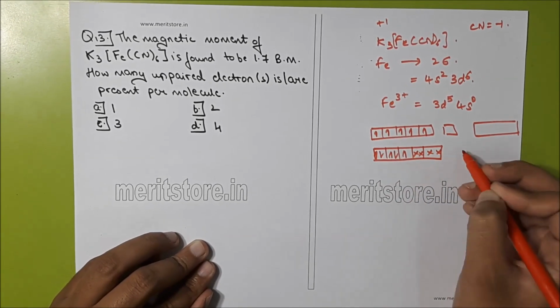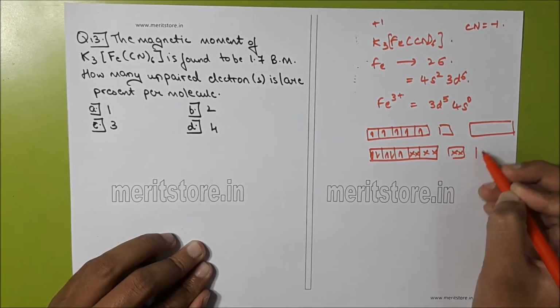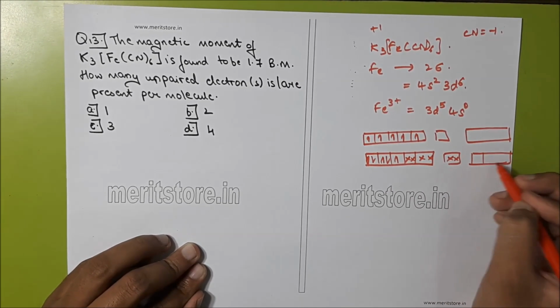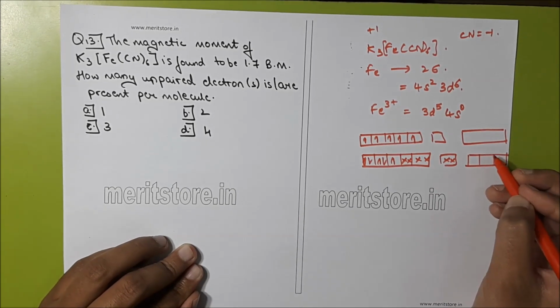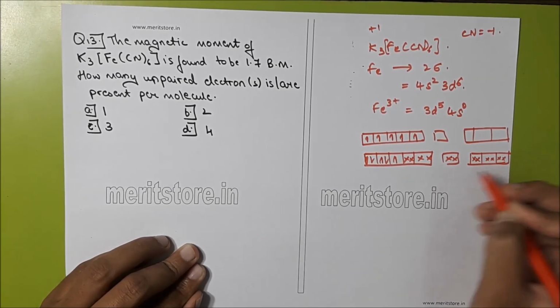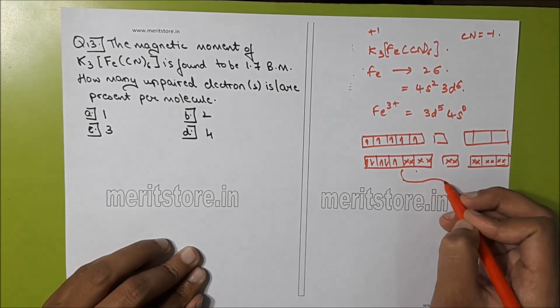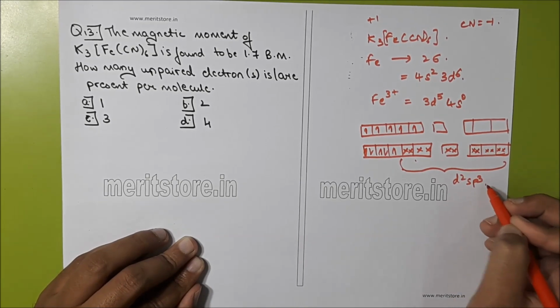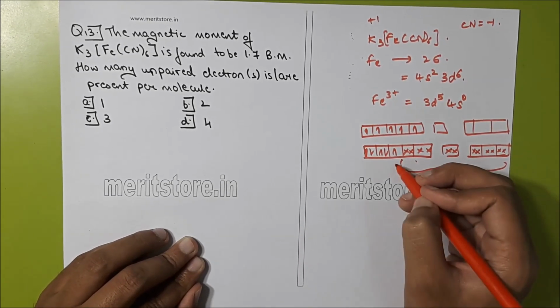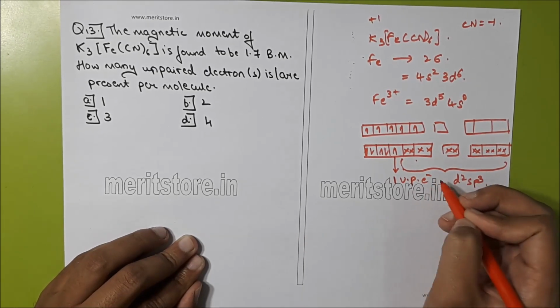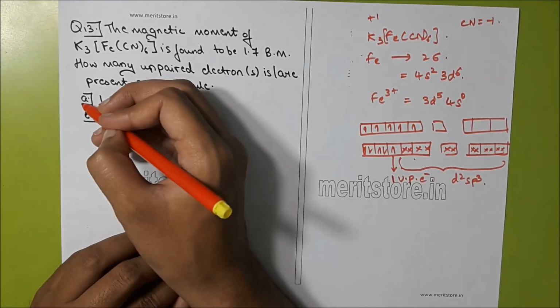These are empty orbitals. So the hybridization will be d2sp3, and there is 1 unpaired electron. So option A is the correct option.